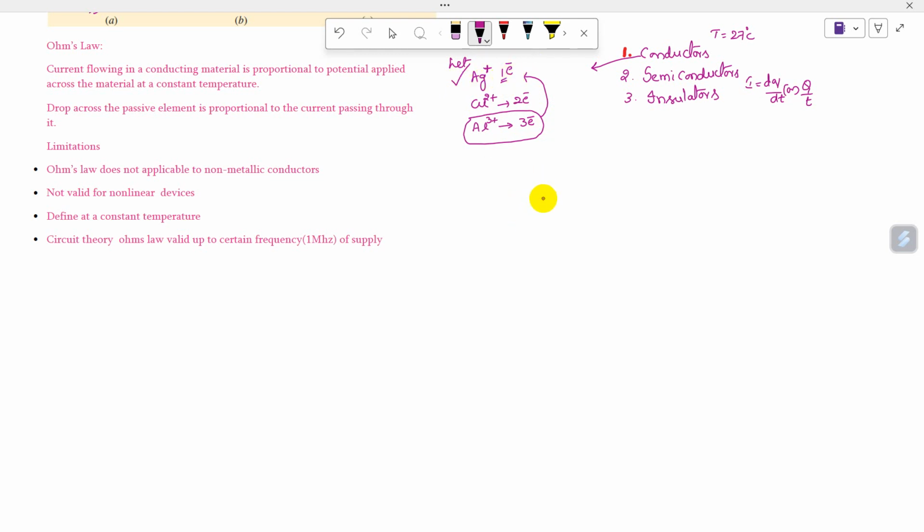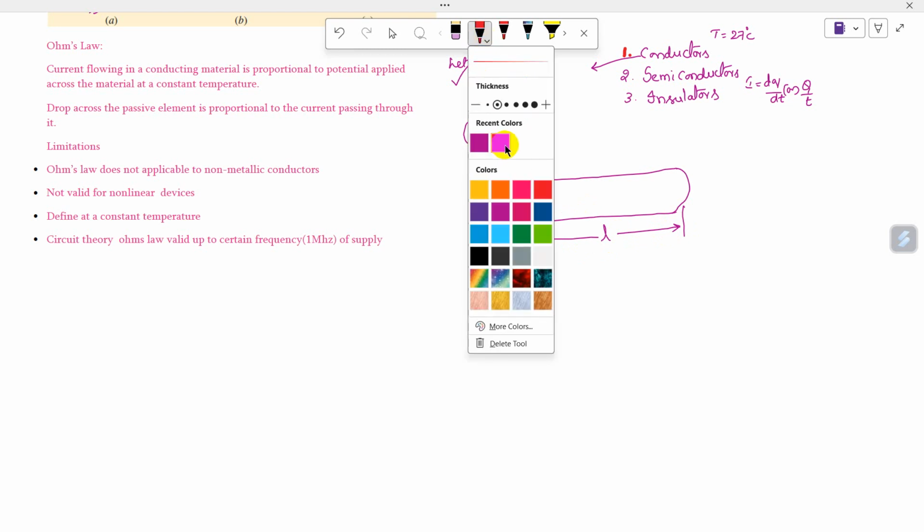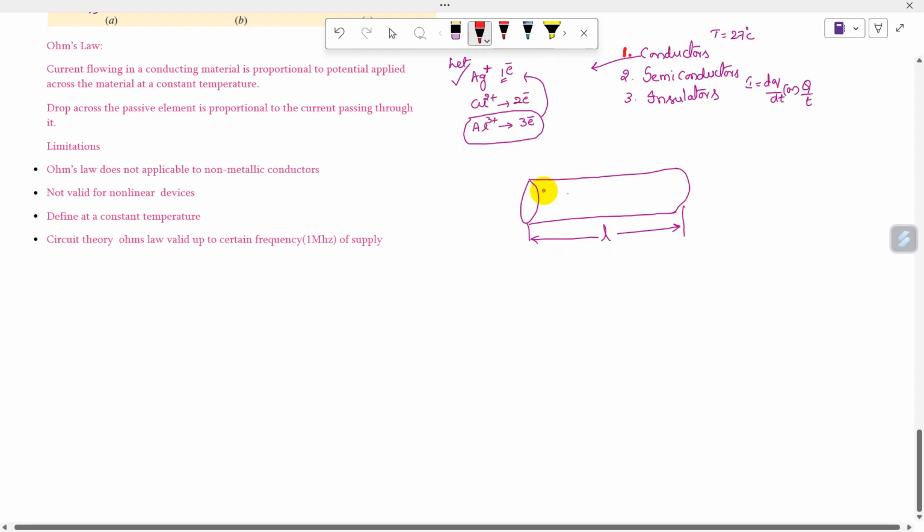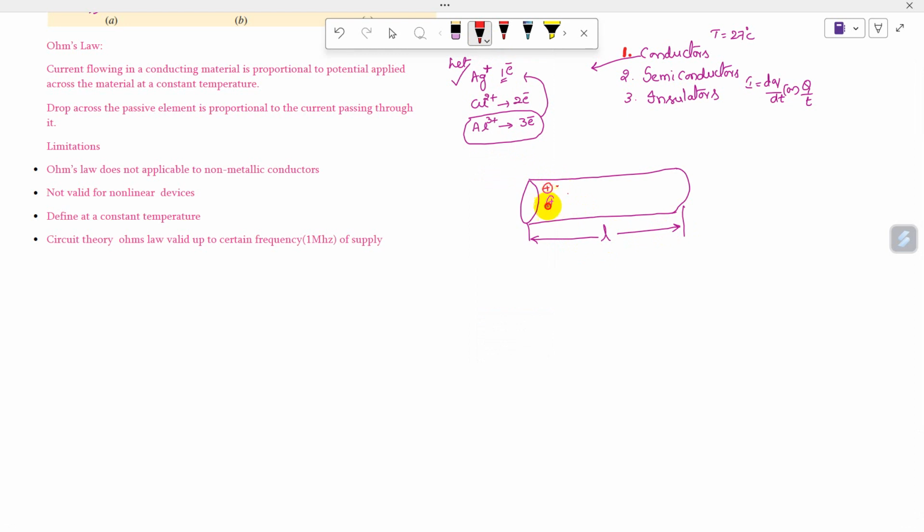Now consider a silver material or silver conductor like this. Let's consider the length of the conductor is L, and this conductor has silver ions like this, and free electrons I am representing like this.